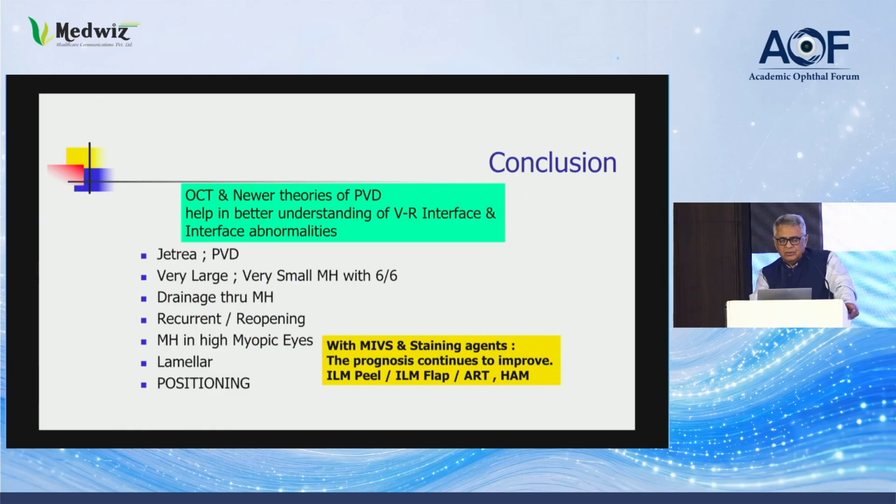So to conclude, OCT has helped us in understanding the newer theories of VMT, and with staining agents to our rescue, and small gauge vitrectomy, MIVS, to our rescue, the prognosis has improved even in the very chronic macular holes also.